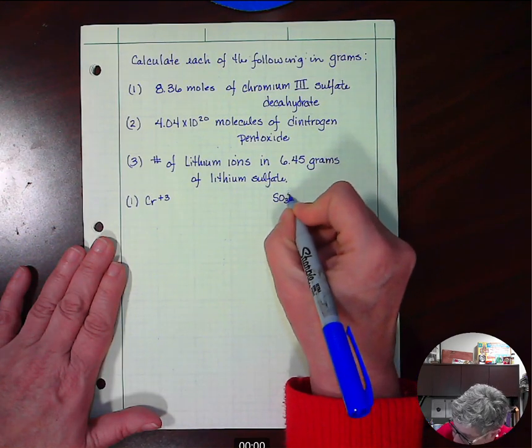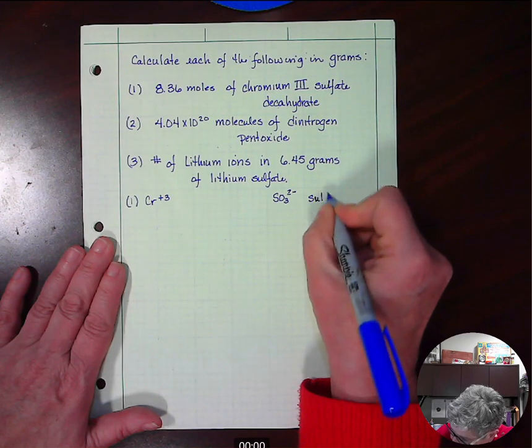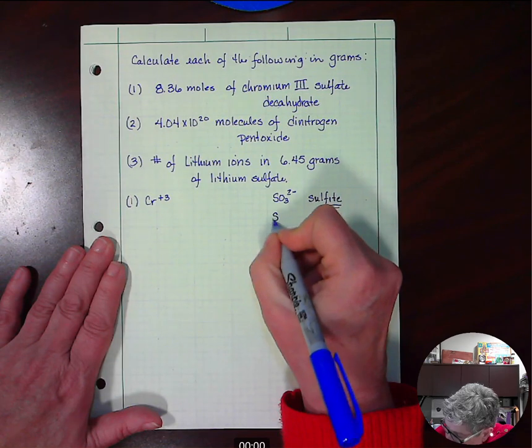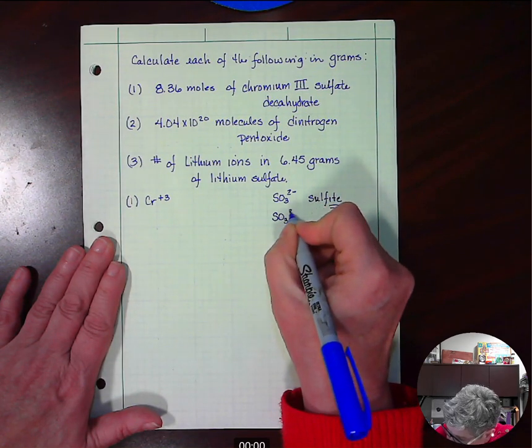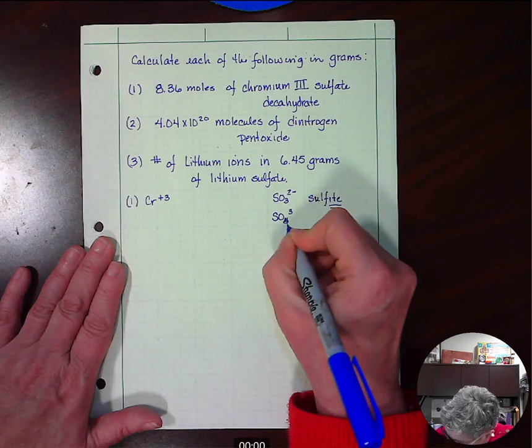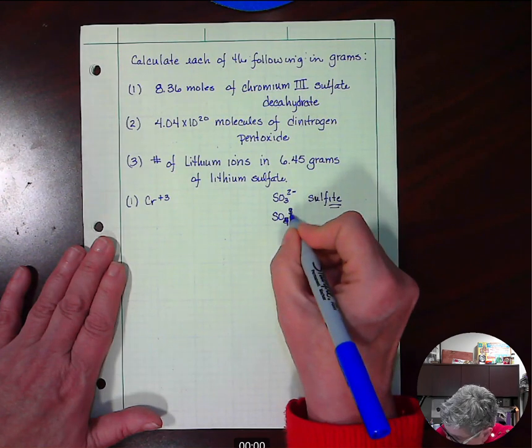My sulfite is a -2 charge, and it has the ITE ending, and my sulfate, SO4, is also a -2 charge.